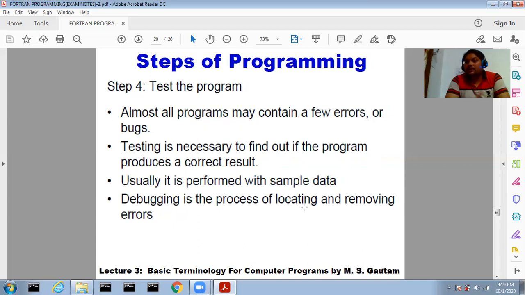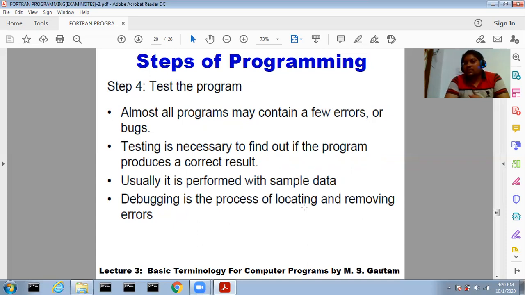If there are errors, then what type of errors are they? If there is no error, then you can run the program and check the output, whether the output is correct or not, whether the output is desirable or non-desirable. All these things we can find out in the testing of the program.